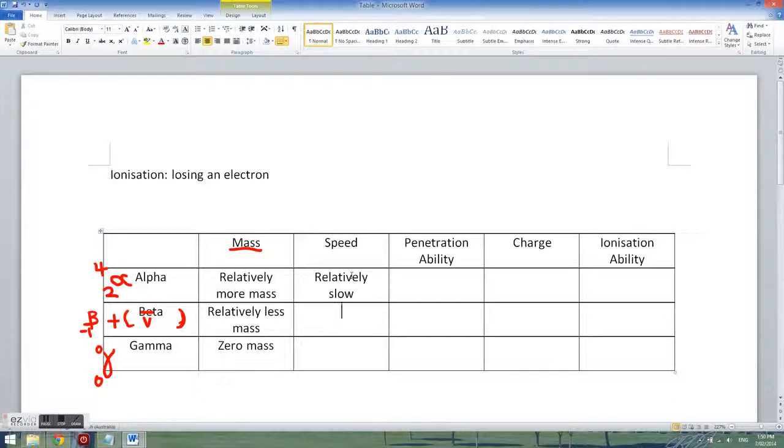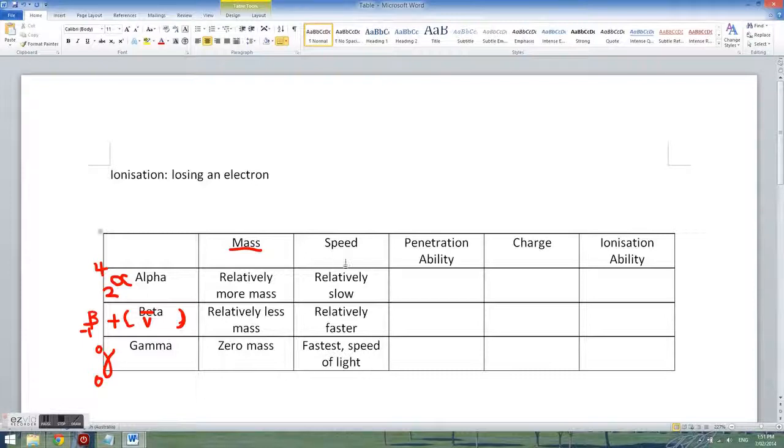Your beta particle is relatively faster than alpha. Your gamma ray, because it has no mass, travels at the speed of light, so it's the fastest of all of them.